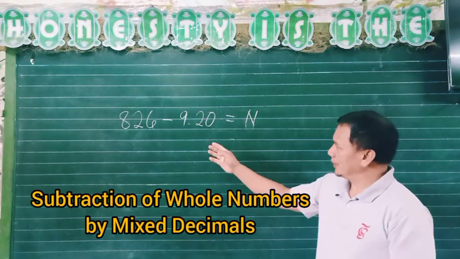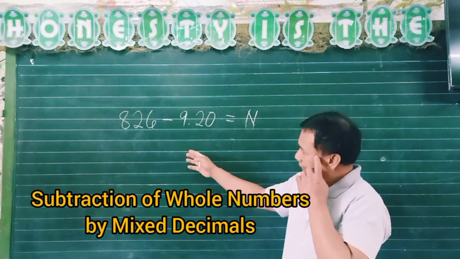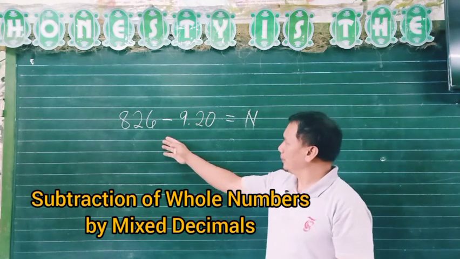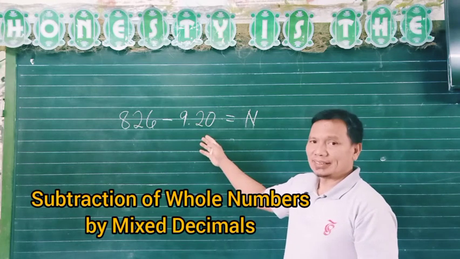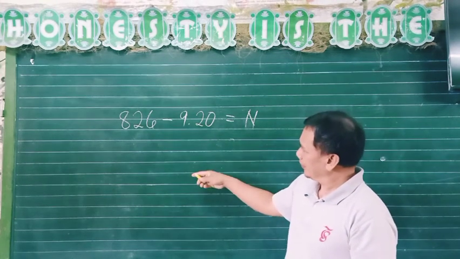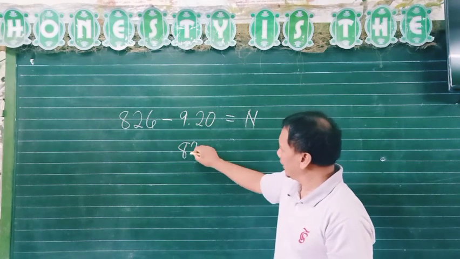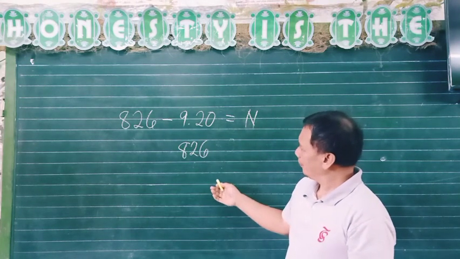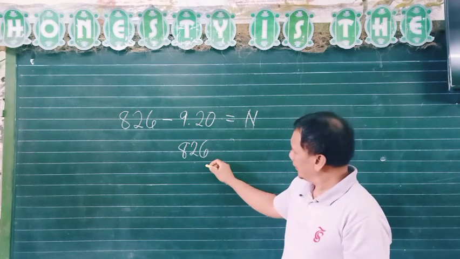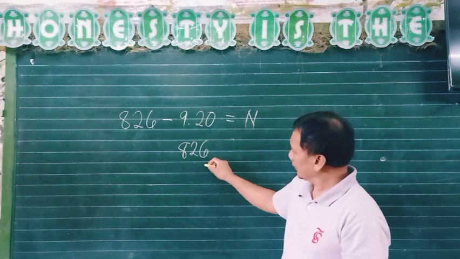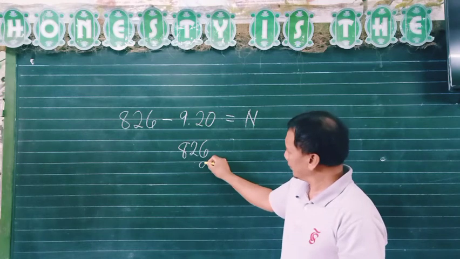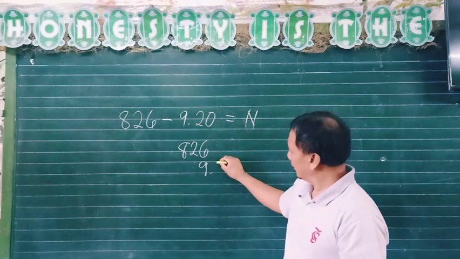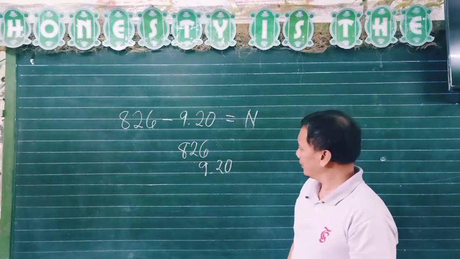Okay, another example is, we are subtracting now a whole number and mixed decimals. So you write that 826 without any decimal places. And then you write, subtract it by 9 and 20 hundredths. So you write at the ones place value, you align the decimal point, and then 20 hundredths.